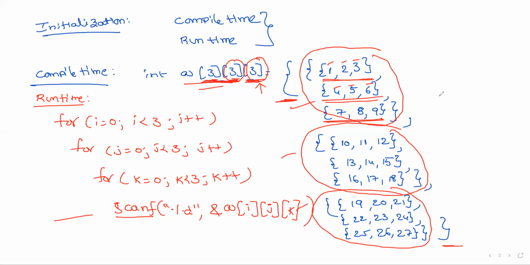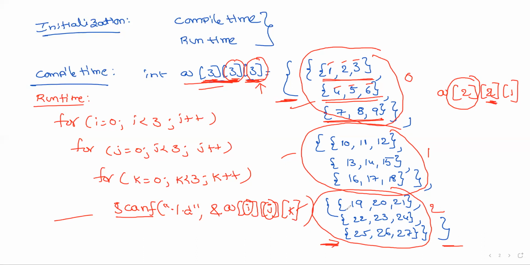For example, how do we access the ith element, jth element, kth element? For example, a of 2, 2, 1. What is the meaning of this one? Second element. This is the 0th index, this is the first index, this is the second index. Under this is the second index.